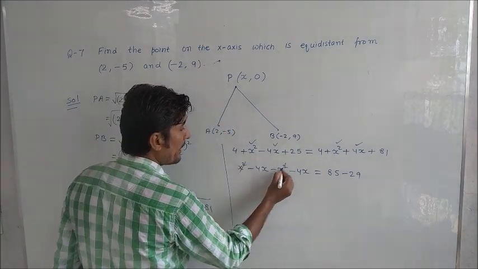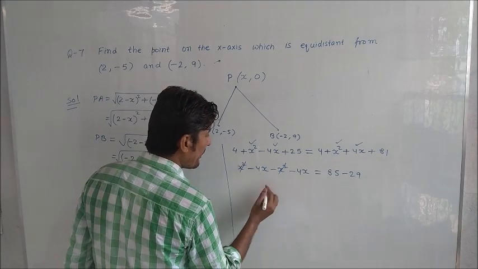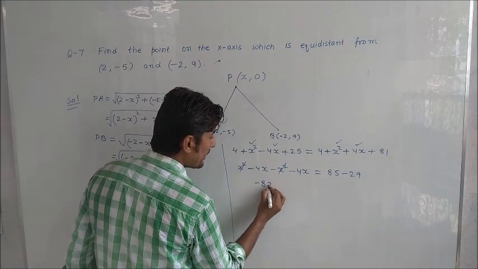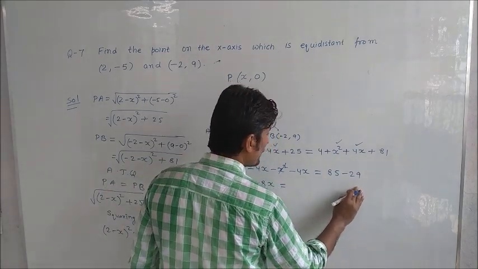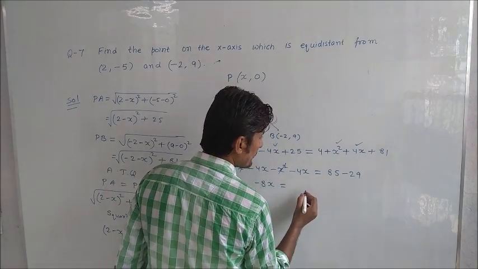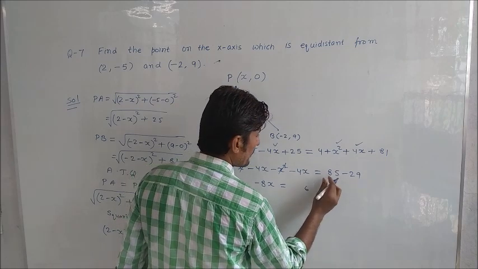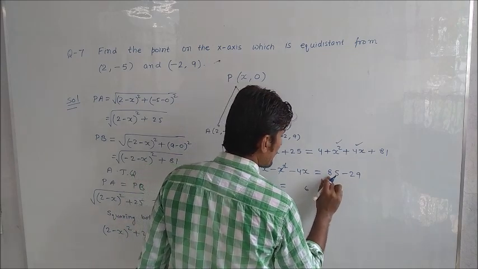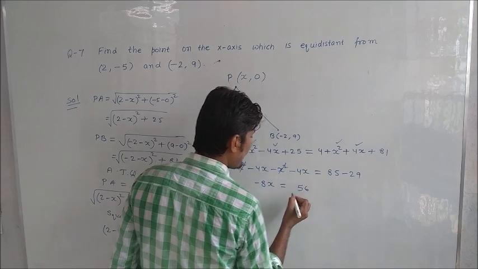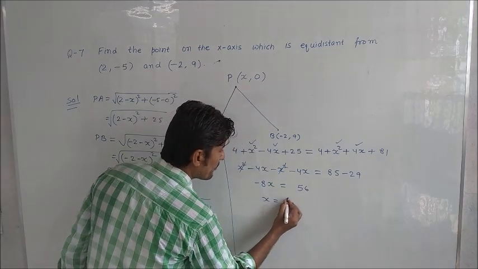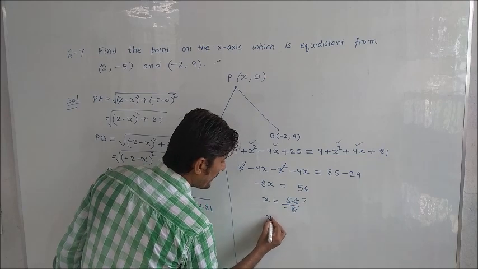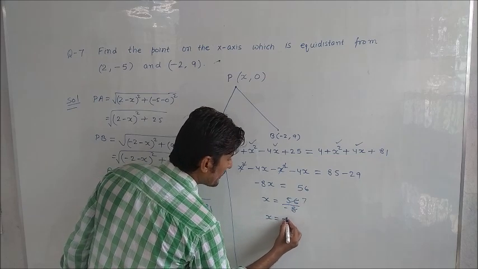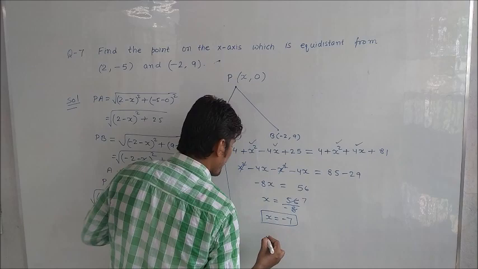Now x square minus x square both will cancel. Minus 8x is equal to 85 minus 29, which is 56. So x will be equal to 56 upon minus 8, and finally we got the value of x, that is equal to minus 7.